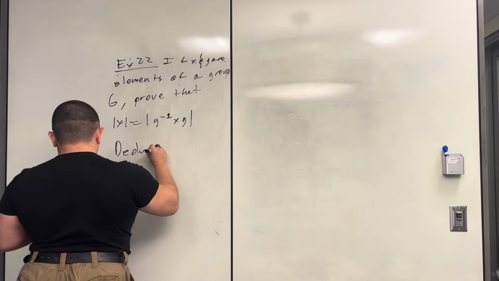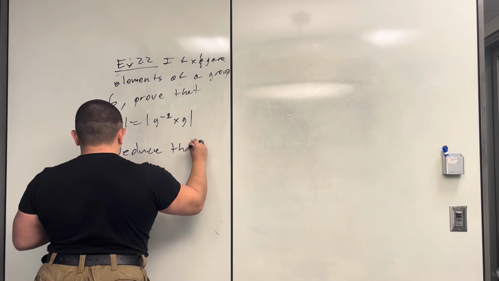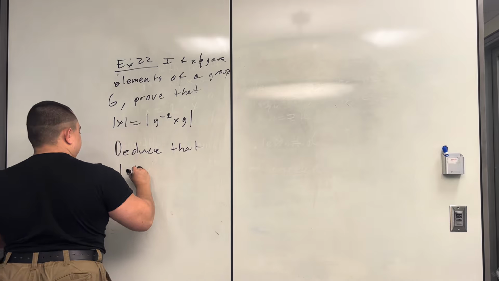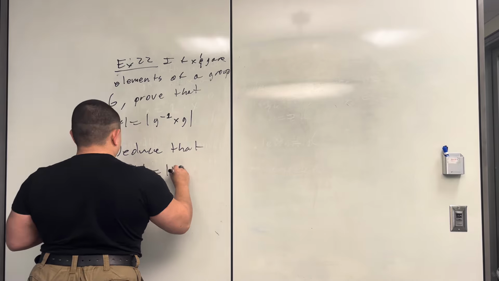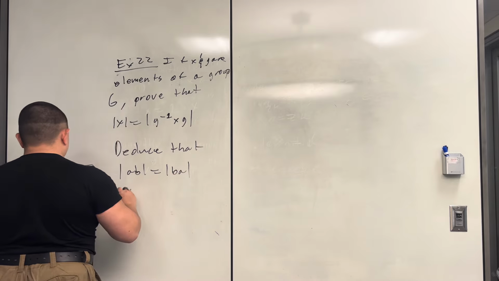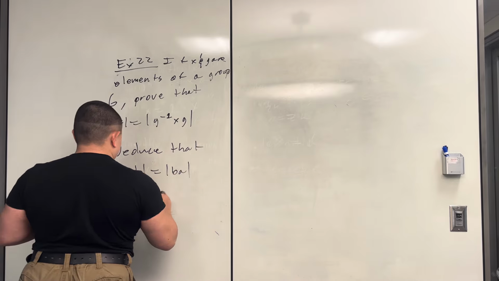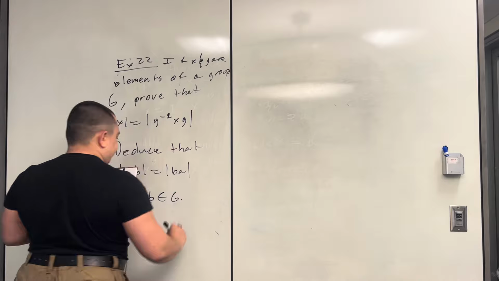Deduce that the order of AB is equal to the order of BA for all A, B in G.